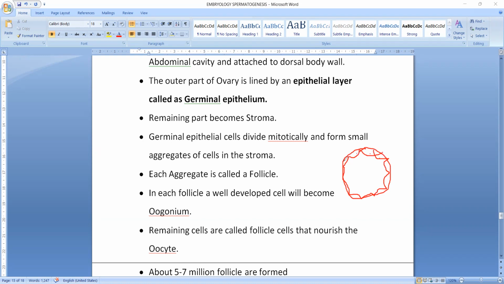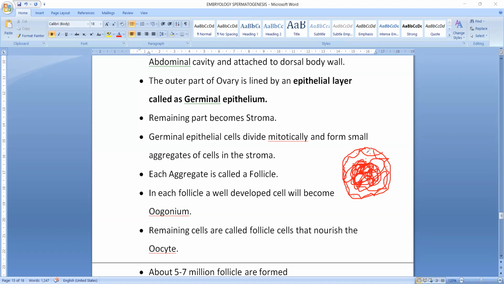This layer is the germinal epithelial layer, which technically contains oogonial cells, and here is the stroma, which is a connective tissue in which blood vessels and nerves are present.